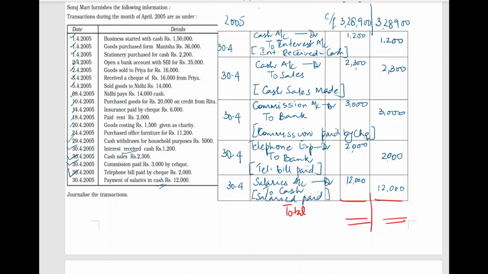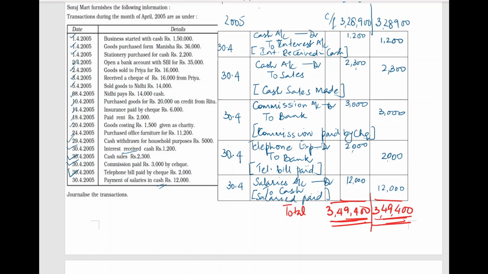So guys, just do with me also. 3,28,900 plus 1,200 plus 2,300 plus 5,000 plus 12,000. So it gives me 3,49,400. Okay. Always draw two lines here down, so that this shows this is the total.